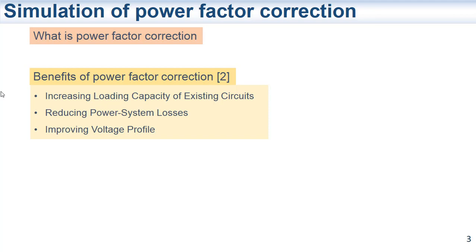Now we know that the power losses are proportional to the square of the current, and when we improve the power factor, we will reduce the current and therefore reduce the power losses. Now when we reduce the current, the voltage drop will be reduced, and therefore an improvement in the voltage profile for that load, or the loads connected to the same source, will be presented.